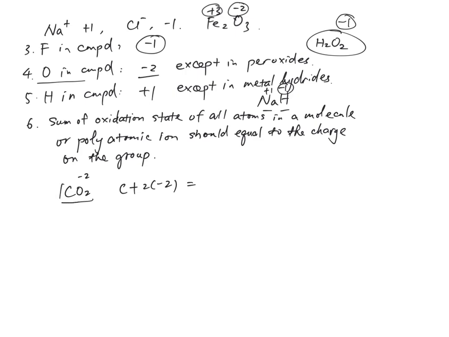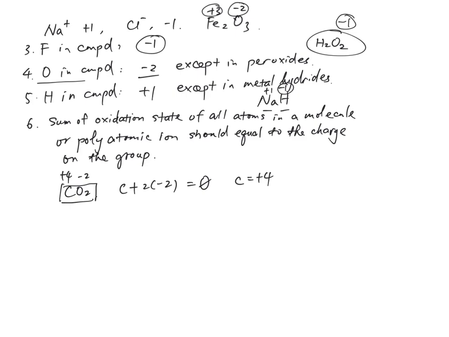What's the charge on the group? The group is a molecule, and what do we know about molecules? Molecules are neutral. Neutral means 0 charge on the group. So carbon plus 2 times -2, so -4, equals 0. What does that make carbon? Carbon has a +4 oxidation number here.